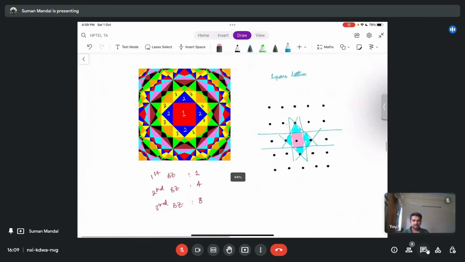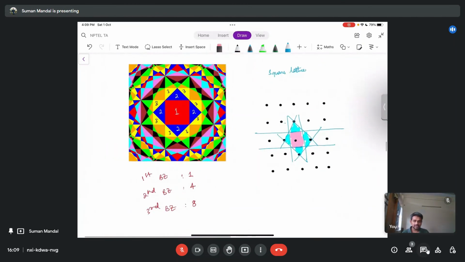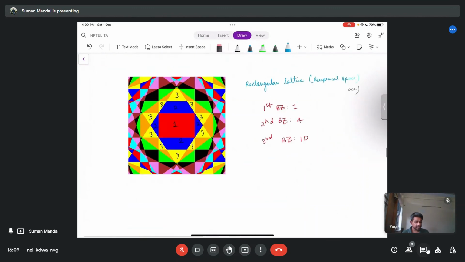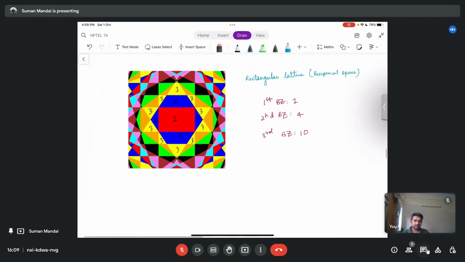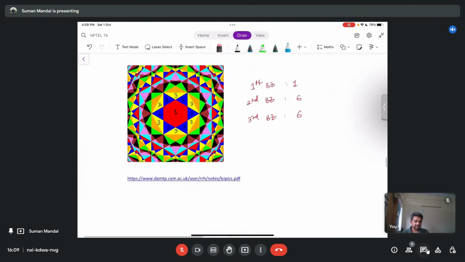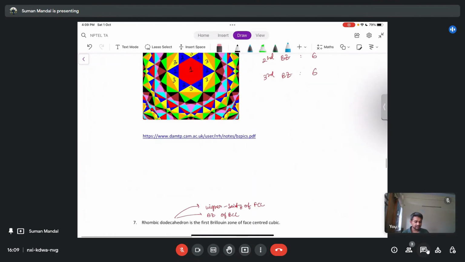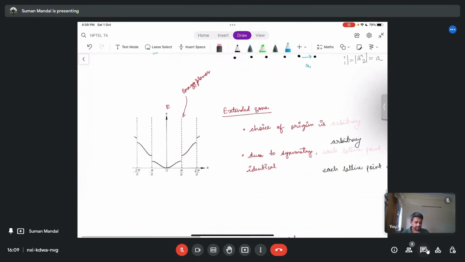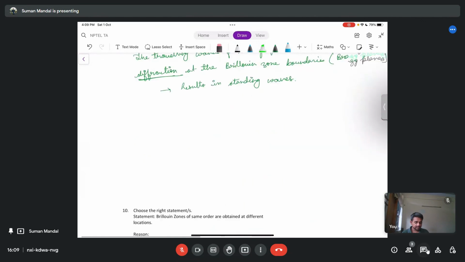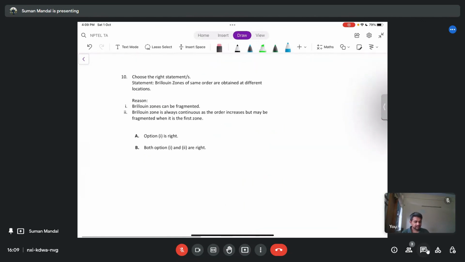For example, the second order has 4 fragments in square, 4 fragments in rectangular, but 6 fragments in the case of hexagonal. So the Brillouin zones can be fragmented, which is why they can be obtained at different locations. So option A is correct.